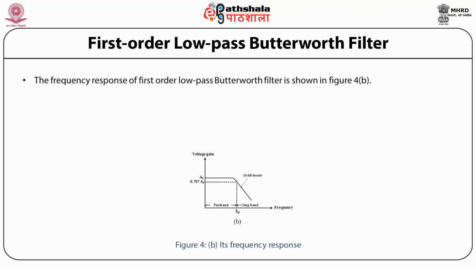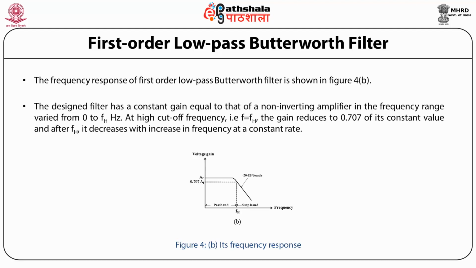Thus, the frequency response of the first order low pass Butterworth filter is obtained as shown in the figure. The designed filter has a constant gain equal to that of a non-inverting amplifier in the frequency range from 0 to fH Hz. At the high cutoff frequency, that is f equal to fH, the gain reduces to 0.707 of its constant value, and after fH, it decreases with increase in frequency at a constant rate.